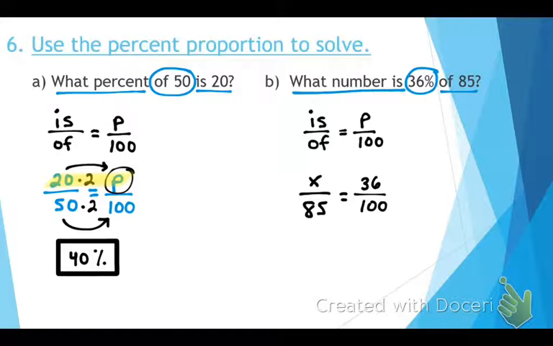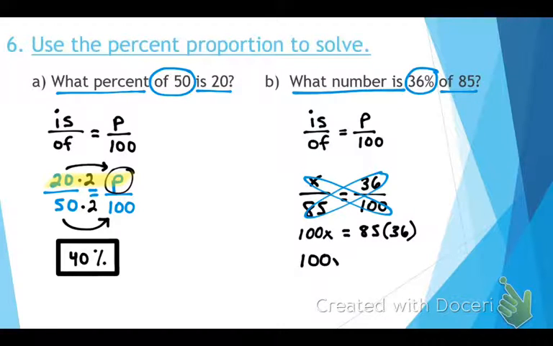Now, can I do mental math on this one? No, mental math doesn't really make sense because there's not a clear missing link between the 100 and the 85. So instead, what should I use? Which method? Cross products. All right, what do I do for cross products? Okay, very good. 100x equals 85 times 36.